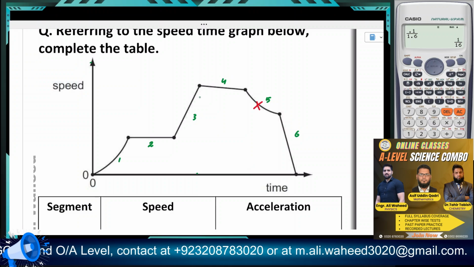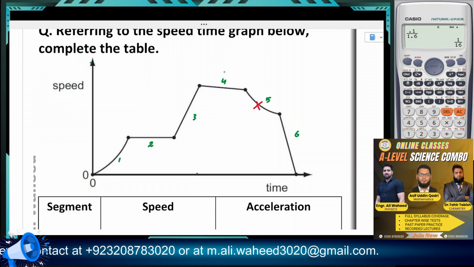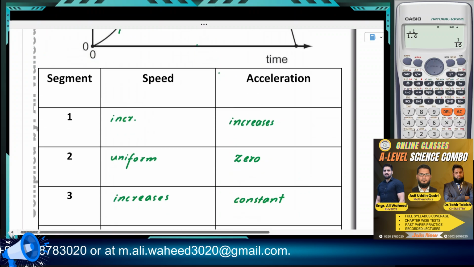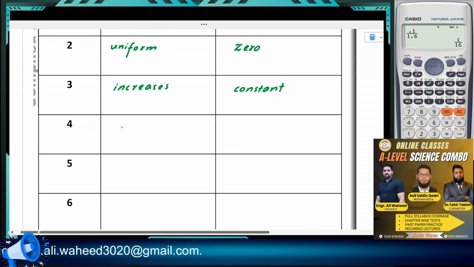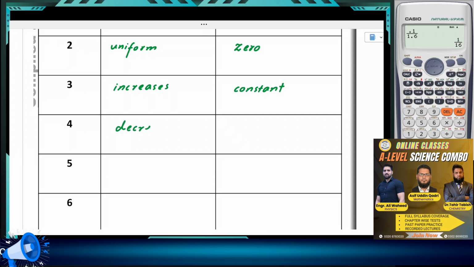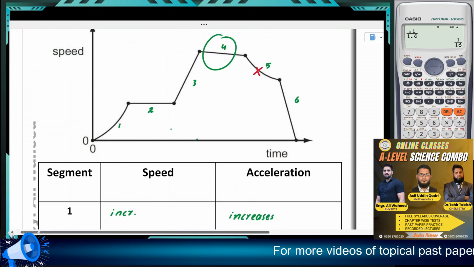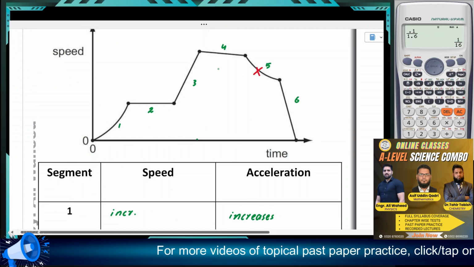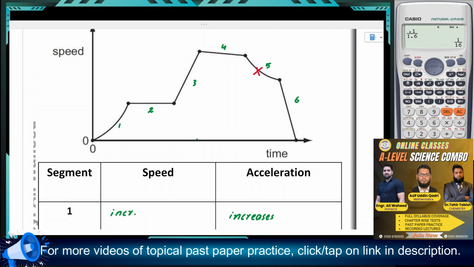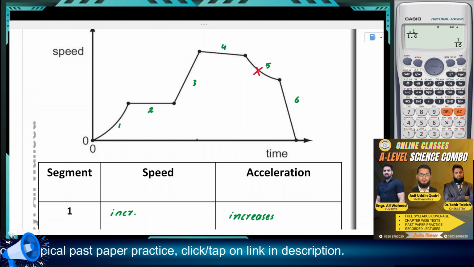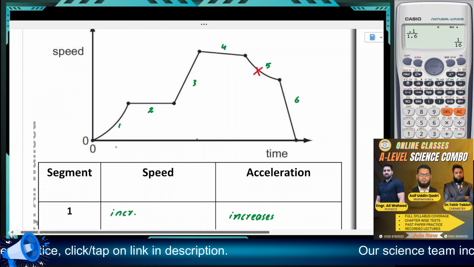Let's take a look at segment 4. What happens to the speed at segment 4? It decreases. So acceleration in this case is basically your deceleration.